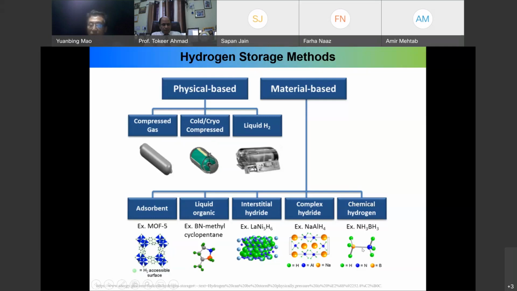Of course, we need to consider whether this is a reversible process or not, right? That's the other thing. Some of these processes are reversible, and that's especially important if we want to use it for vehicles. We hope it's a reversible process, so once we use it up, we can refill, just like we add gasoline for our vehicles, right? And also it should be fast.